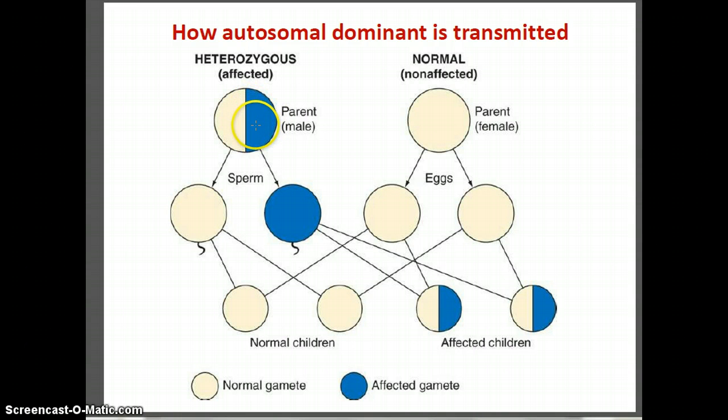So if you have either allele that has this disease characteristic, you will have the disease characteristic. When sperm or eggs are produced, half of the sperm, in this case the sperm because the male has the disease, will carry the affected gene, or the gene that codes for the disease.